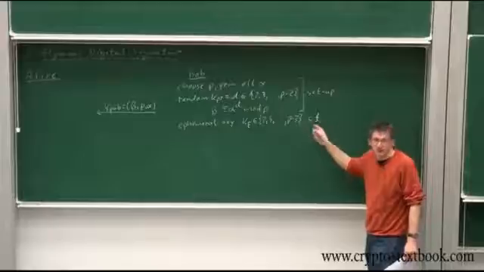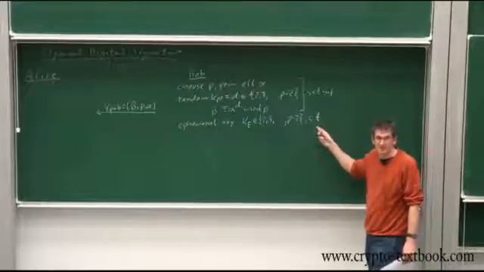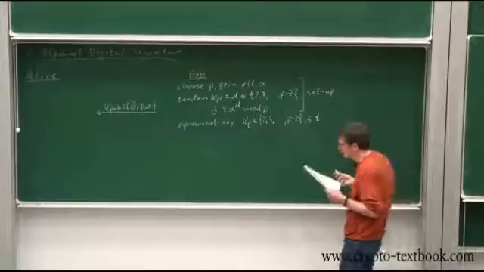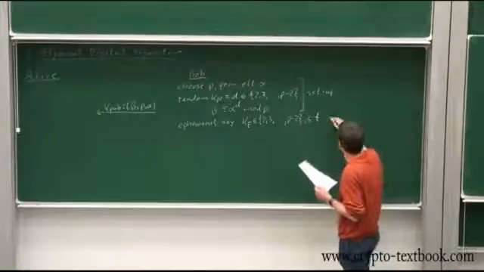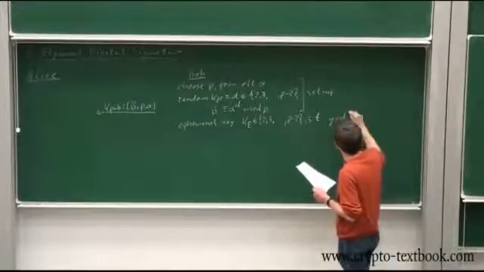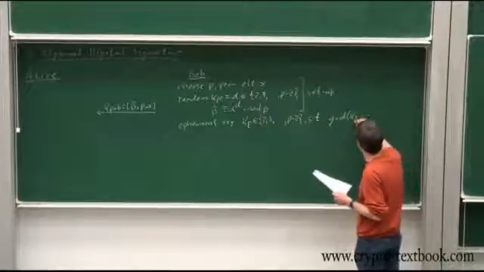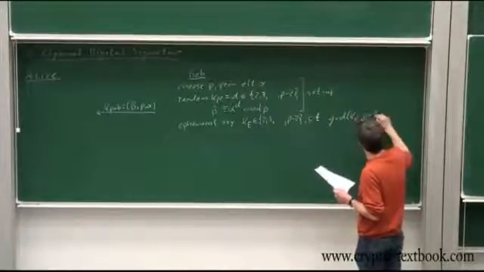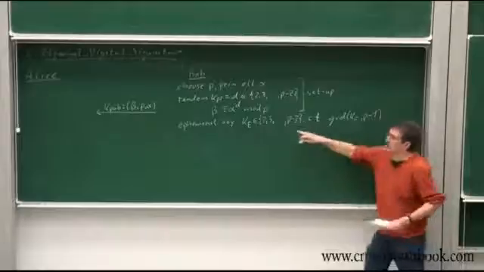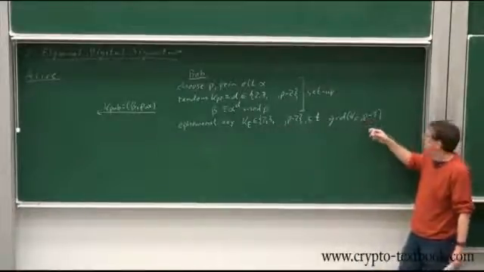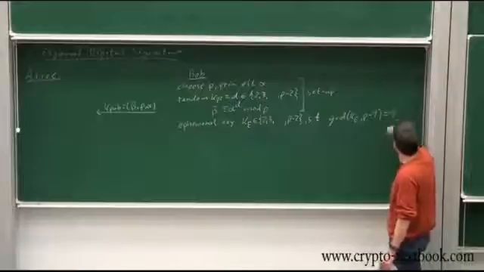ST means such that. Okay, with the additional condition that the GCD, the greatest common divisor of this ephemeral key, the key we just computed, and p minus 1 is 1.